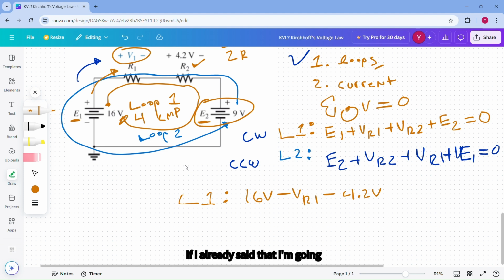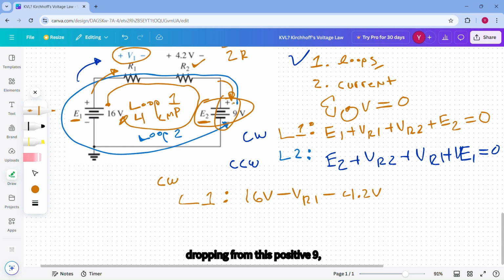If I already said that I'm going clockwise for everything here, and I'm going clockwise against it, I'm dropping. This source is pushing against it, so I am going to be dropping across this voltage as well. And I can even look at those indicators, the plus and minus are already indicated, and that also tells me the same thing. So this voltage source is pushing it in the opposite way, but I'm saying I'm going clockwise.